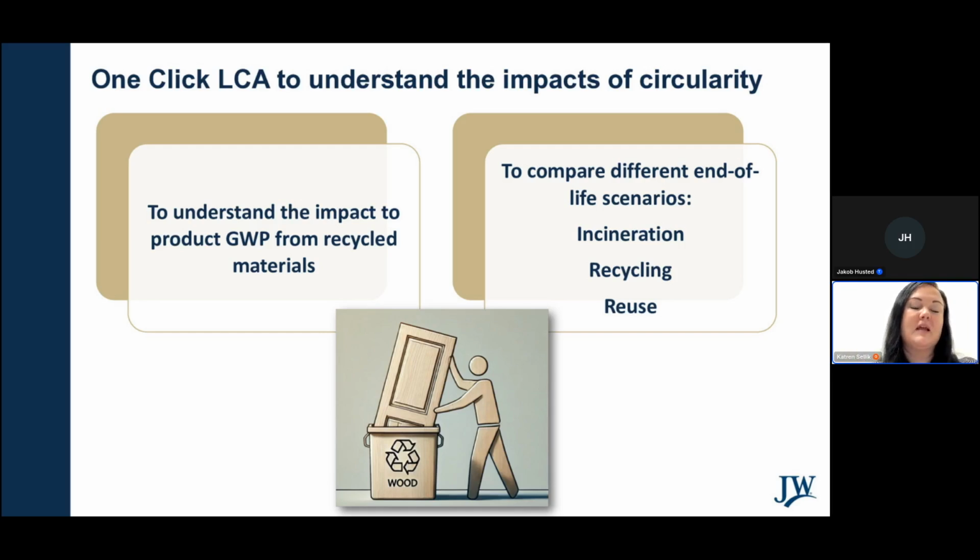So shortly, we have some small pilot projects ongoing in JELD-WEN to understand what the benefit is if we take back our own doors from the market, refurbish them and sell them as second-hand products, or if we use some new materials which are fully 100% recycled. What does that mean from the environmental footprint point of view?